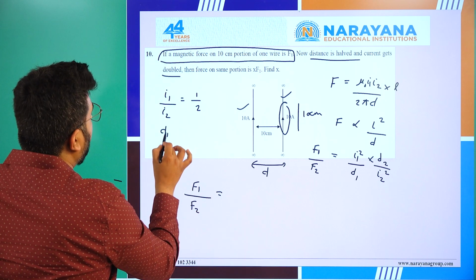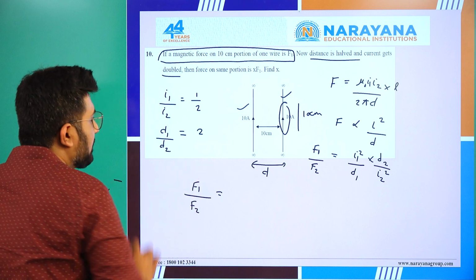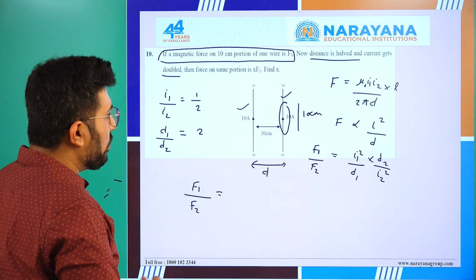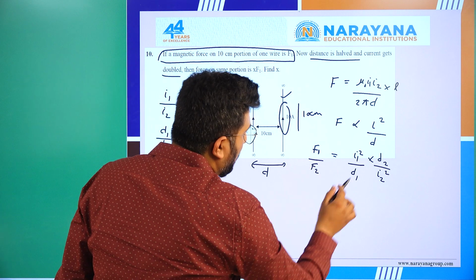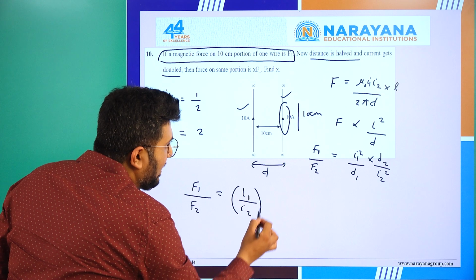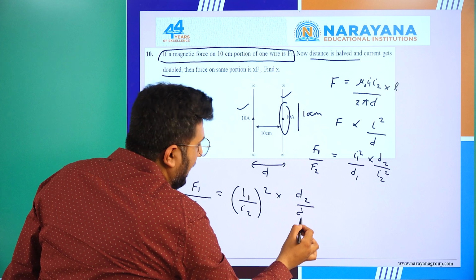That means D1 by D2 is 2, because the new distance is half the old distance. So F1 by F2 is I1 by I2 whole square into D2 by D1.